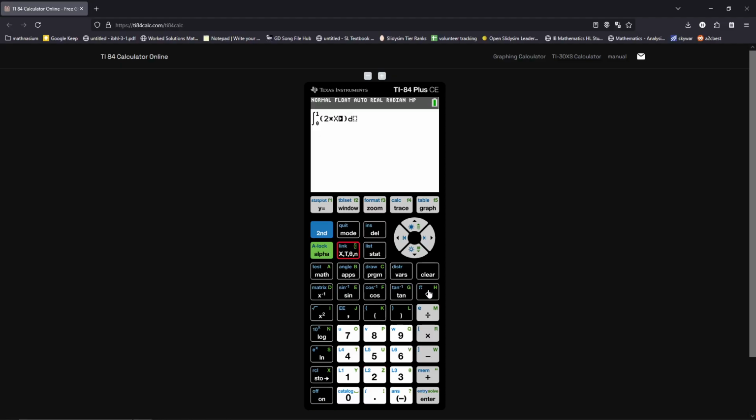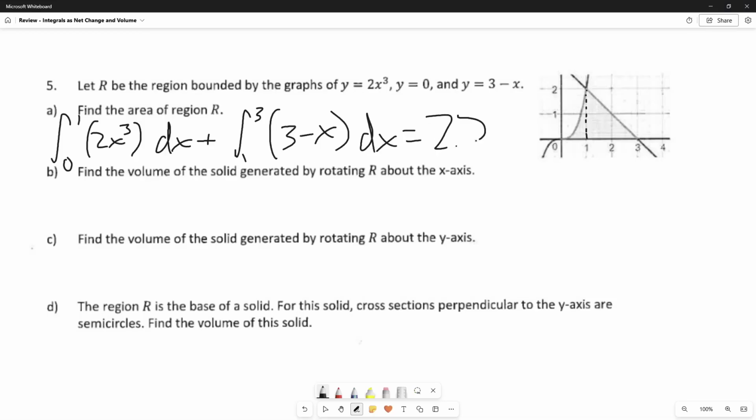Definite integral from 0 to 1 of 2 times x cubed dx plus definite integral from 1 to 3 of 3 minus x dx, and that is 2.5. So our final answer for part A is 2.5 units squared.